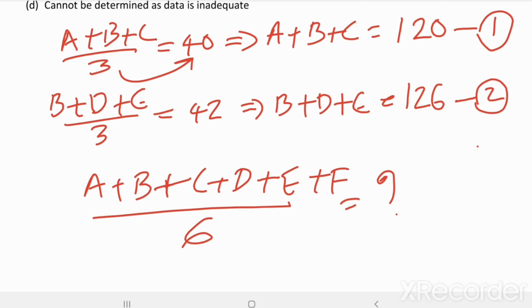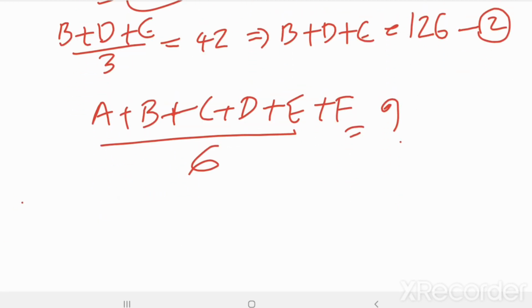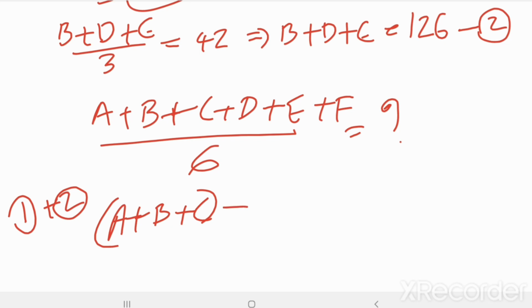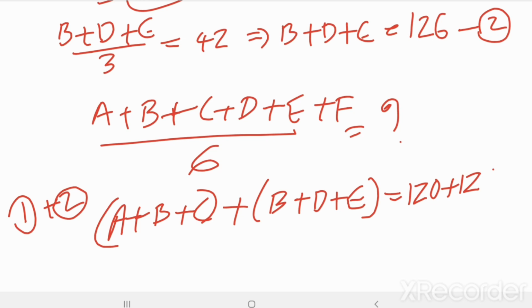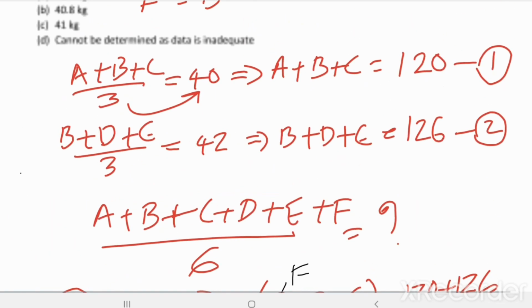Adding equations 1 and 2, we get A plus B plus C plus B plus D plus E equals 120 plus 126. We know B equals F. Change this B to F, as given here.